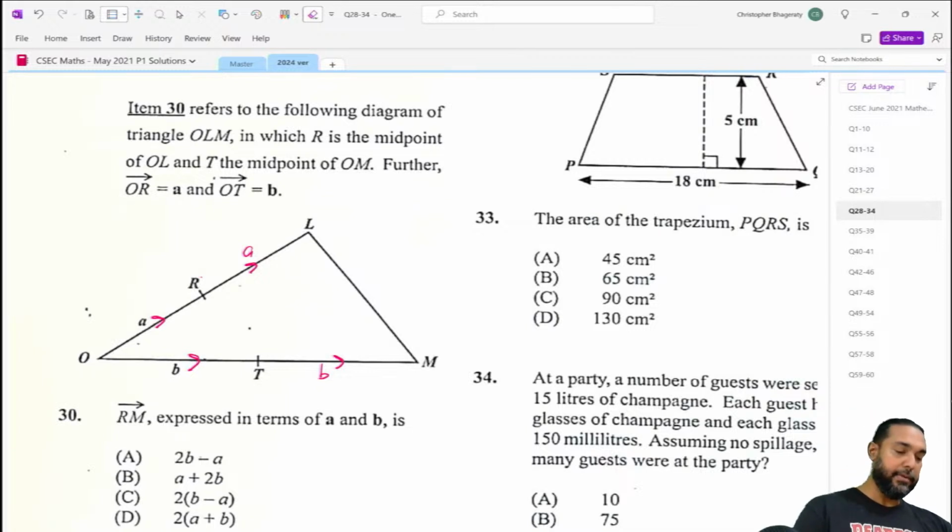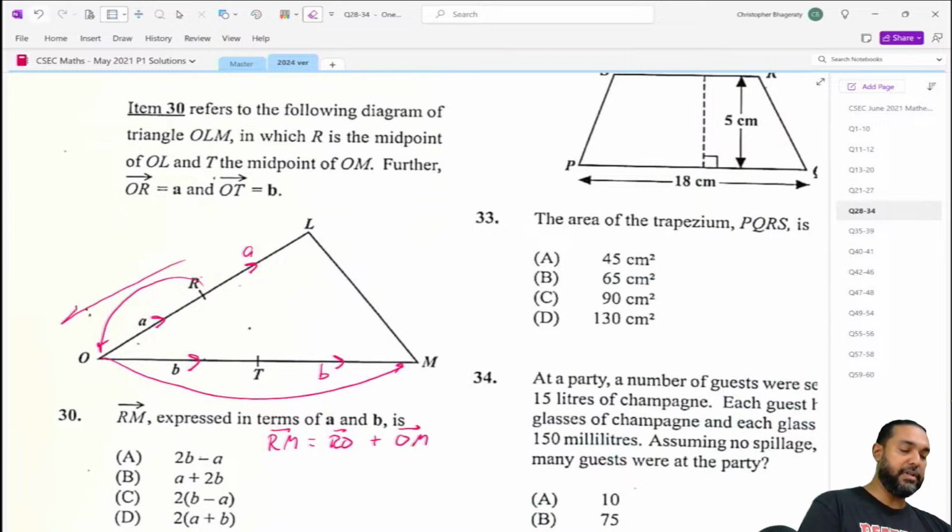So R to M means you want to go from R to O and then O to M. So RM is equal to RO plus OM. But tell me something. Going from R to O, is that in the same direction as the vector or the opposite? Which means we have to do what to the vector? We have to invert it. So RO is the inverse of OR.